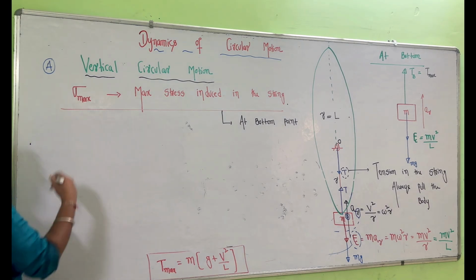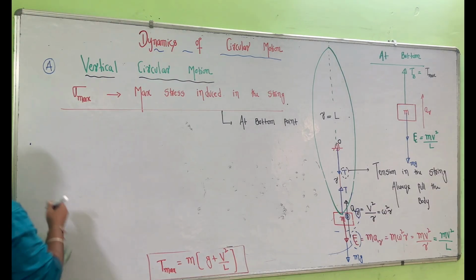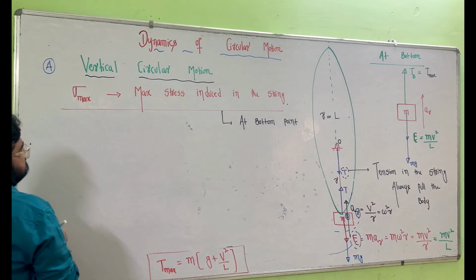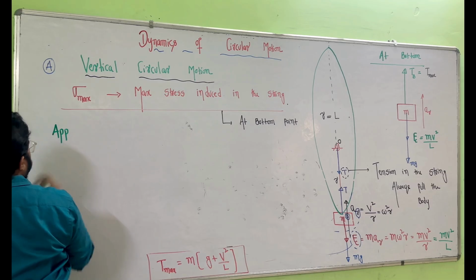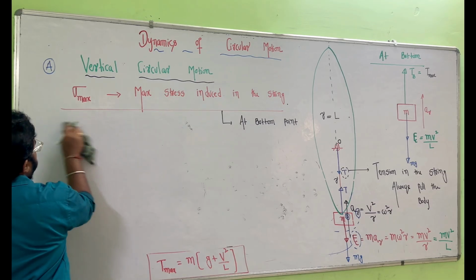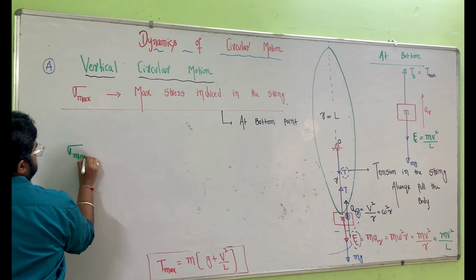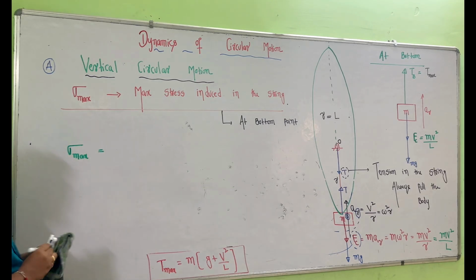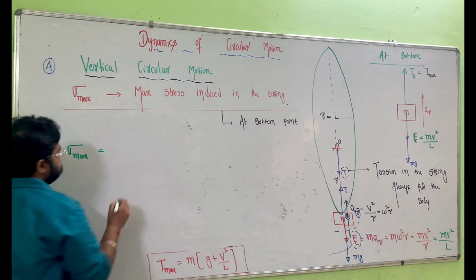In order to calculate the stress, we need to apply Hooke's law. Here, you can directly get the stress. Sigma maximum can be written as T maximum by the corresponding area of cross section.